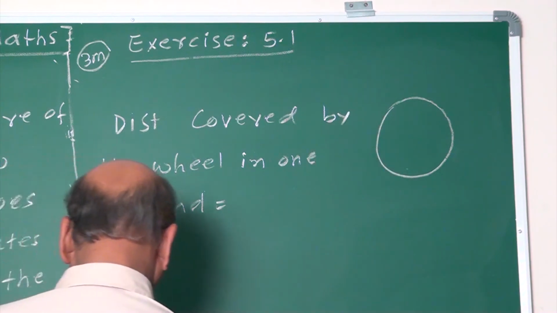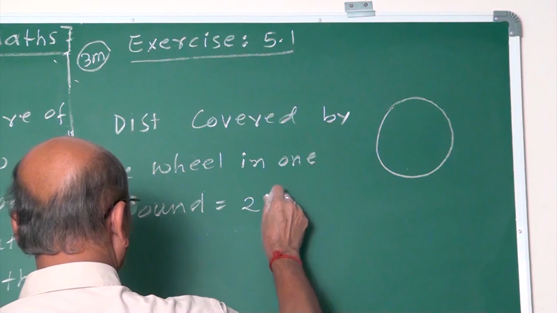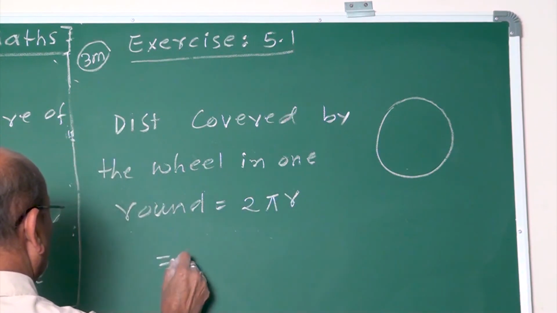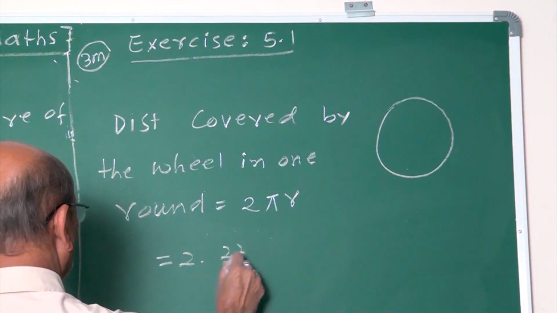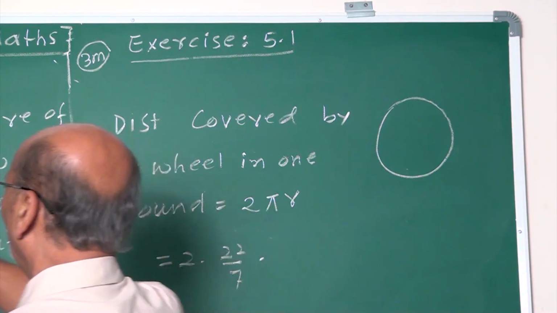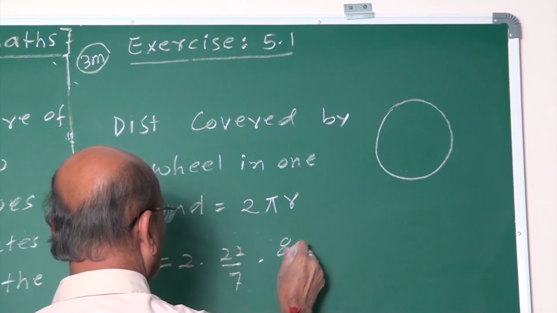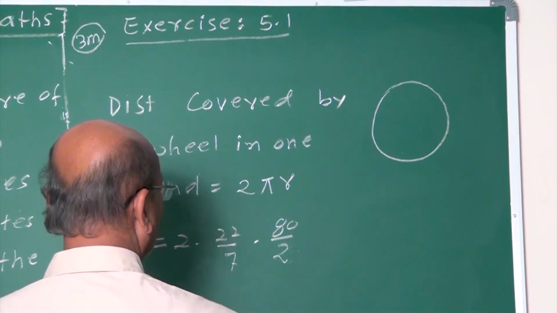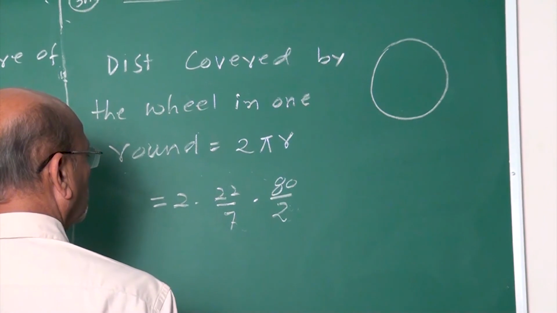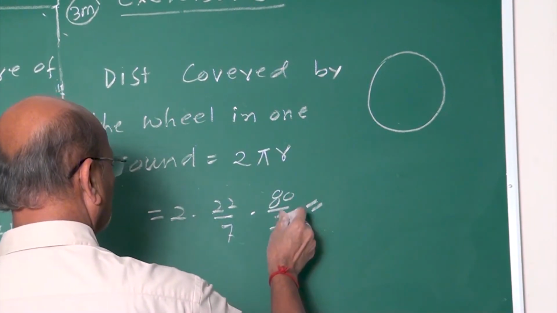Circumference of the wheel, which is 2 pi r. What is this? 2 into pi is 22 upon 7. And what is the radius? Radius is diameter upon 2, with diameter 80.